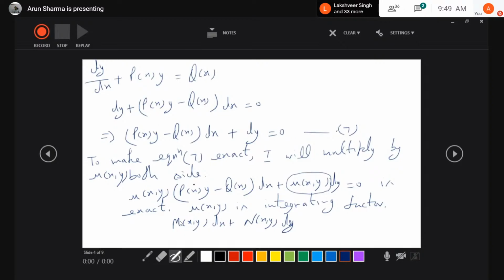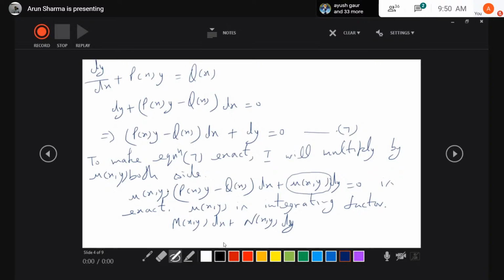Okay. So now I have to tell you one more thing. Since I am taking a linear equation, if I multiply this equation by mu xy, that means this mu is a function of x and y, and if I multiply it by some function of xy, then it won't be linear anymore, because I am multiplying by some factor of y.